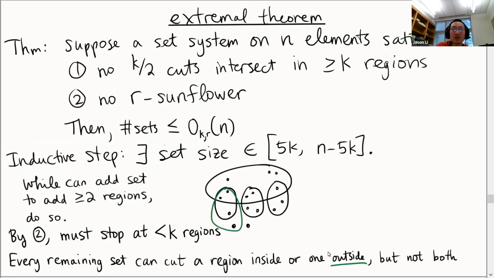So what happens if we cut a region outside? Okay, so in this case, this green set here cuts a region outside. It cuts this atom of these 2 vertices. So this atom here cuts this region inside of 3 vertices, where it cuts this one from these 2.